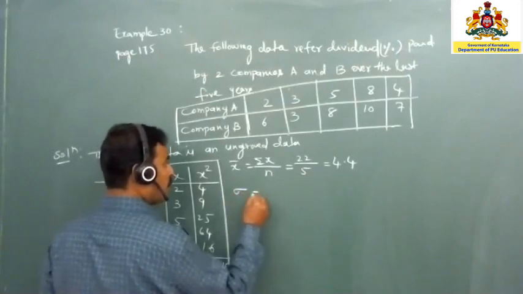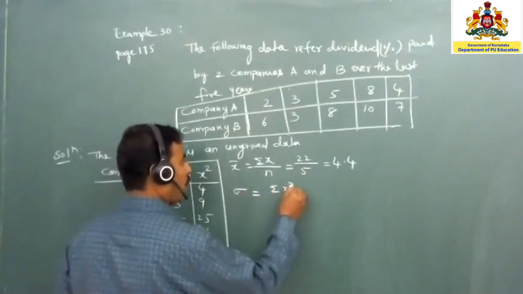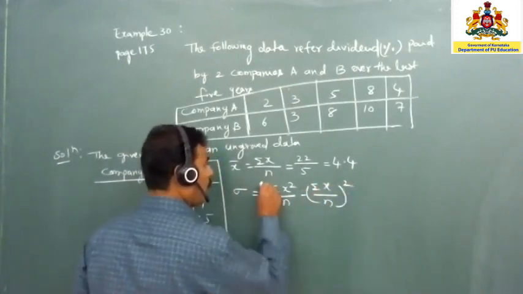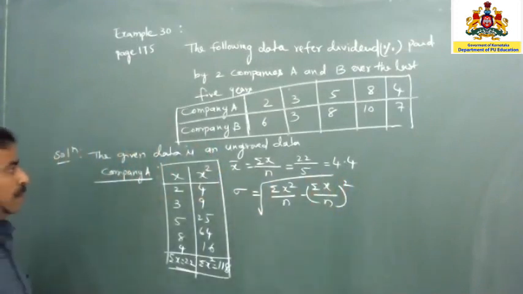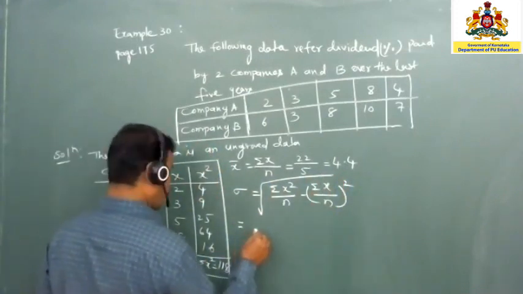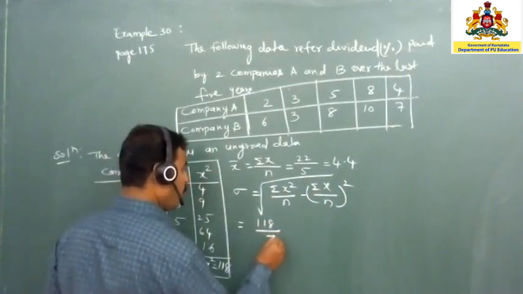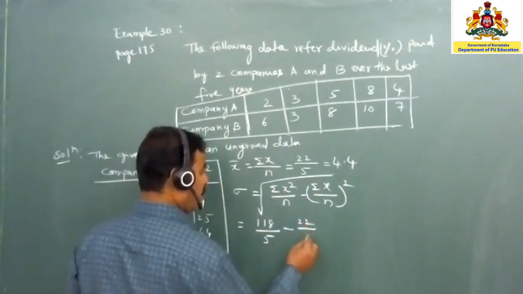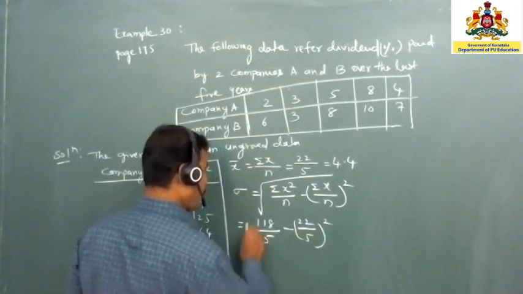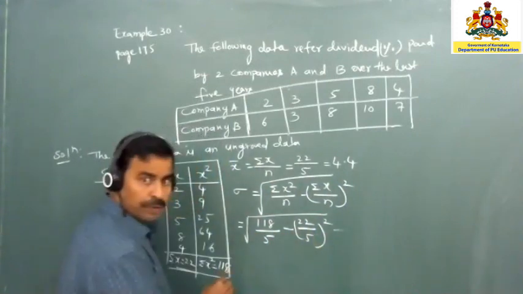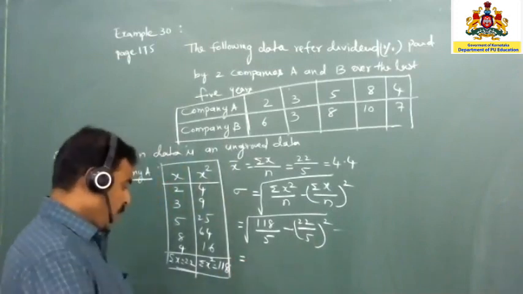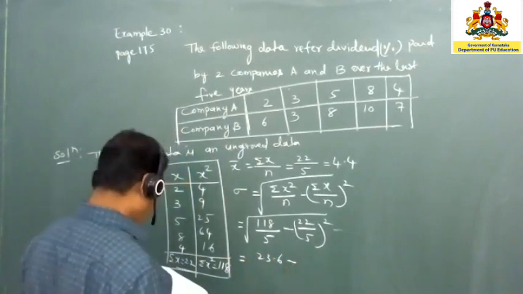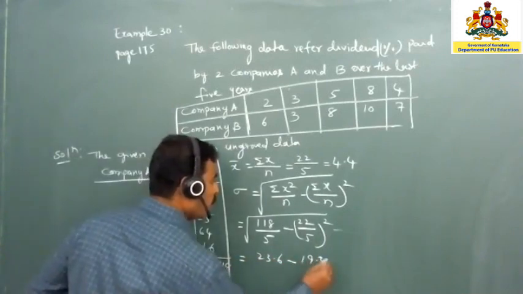Standard deviation sigma equals square root of summation x square by n minus summation x by n whole square. That is the square root of 118 by 5 minus 22 by 5 whole square, which equals the square root of 23.6 minus 4.4 whole square, which is 19.36.